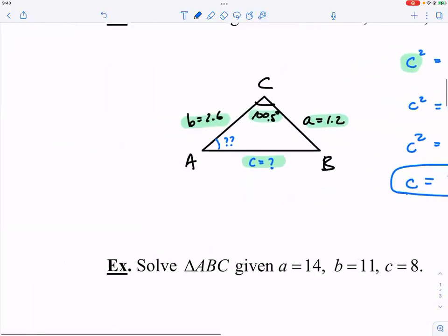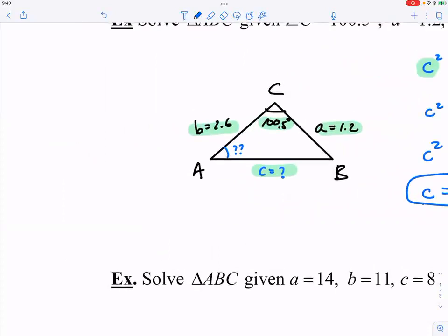So for law of sines, I would choose this one: sine A over 1.2, sine A over A, is equal to sine C over C. So in this case, we have to use our newly calculated value because there's no other way to calculate it.